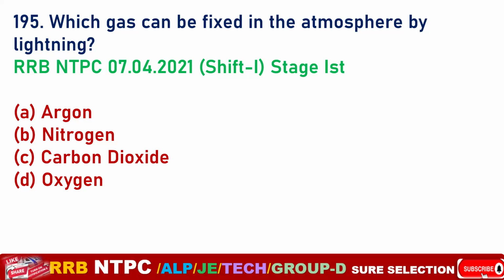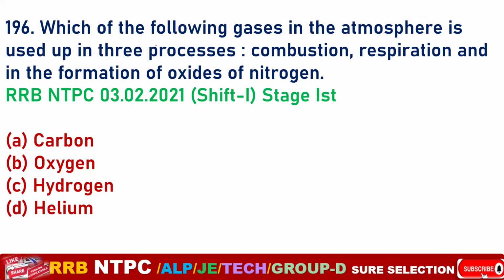Which gas can be mixed in the atmosphere by lightning? By lightning, nitrogen can be mixed. Which of the following gases in the atmosphere is used up in 3 processes: combustion, respiration and oxides of nitrogen? That is oxygen.